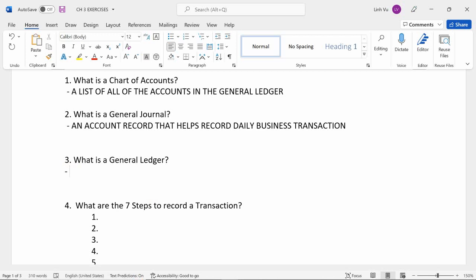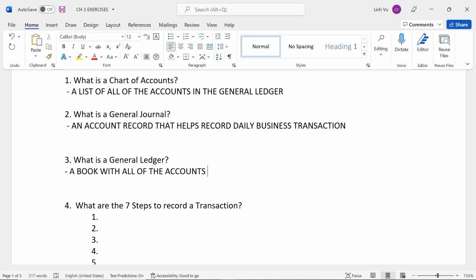All of the accounts in the entire entity. Okay, so I'm going to say a book with all of the accounts. But what's the purpose of creating a general journal and creating a general ledger?